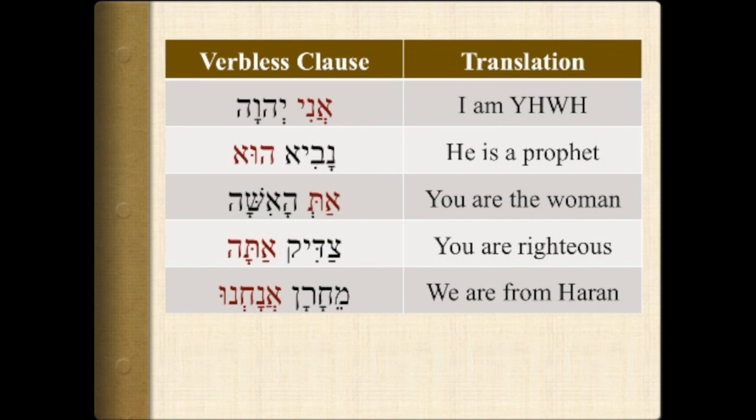Atah ha'isha, you are the woman. Again, in the fourth example here, the pronoun comes second. You are righteous. The word order does not really matter. You could also have atah tzadik.